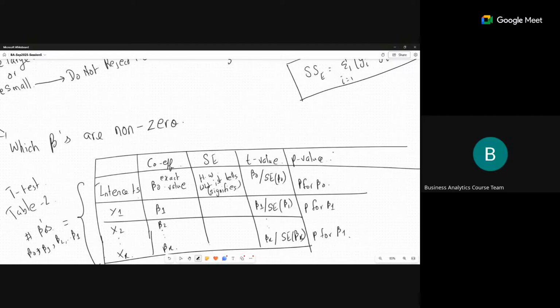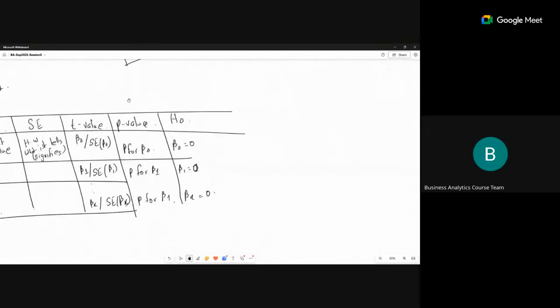Now the null hypothesis here is that beta 0 equals 0, beta 1 equals 0, up to beta k equals 0. That is your null. You have a p-value. You will reject H naught if the p-value is less than alpha.